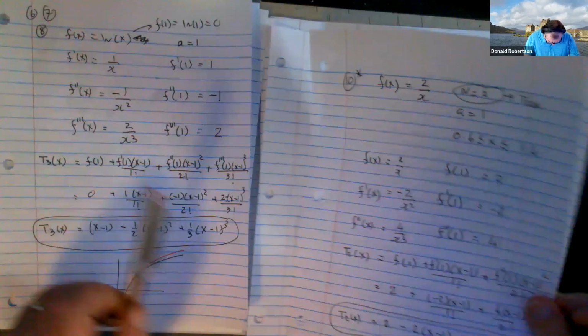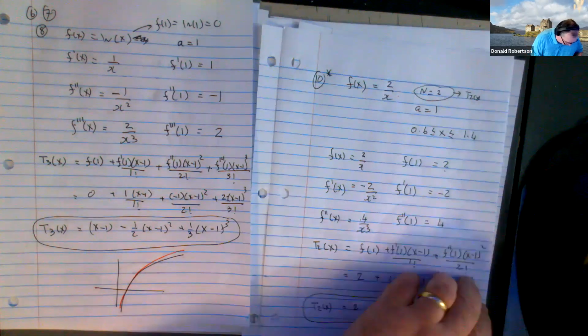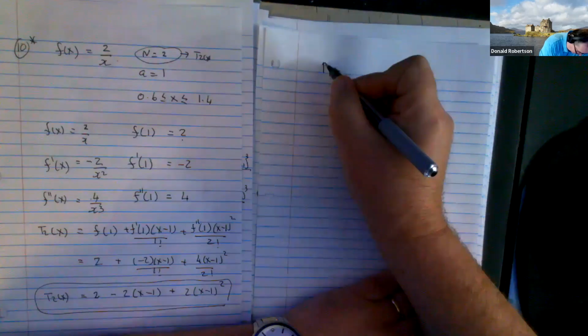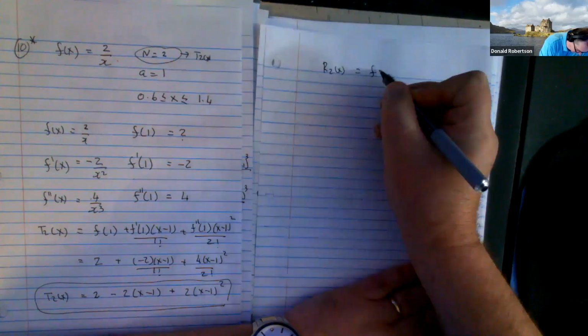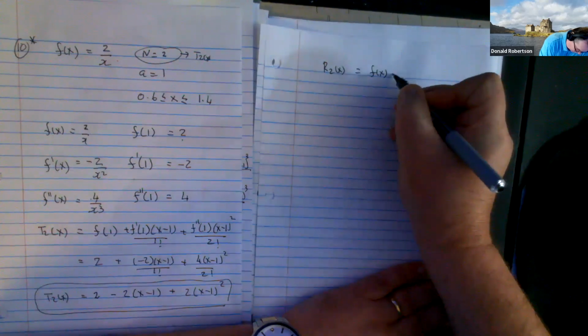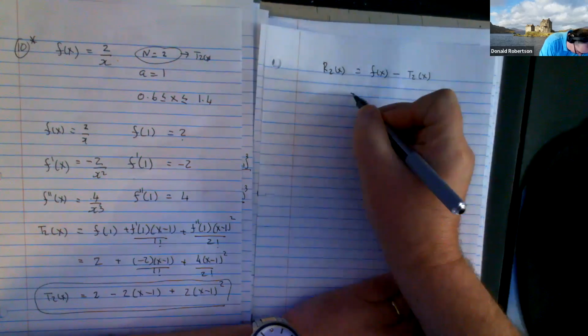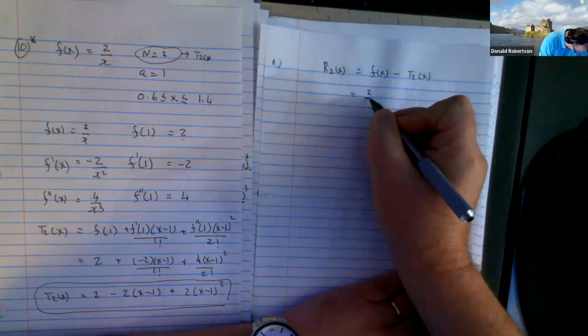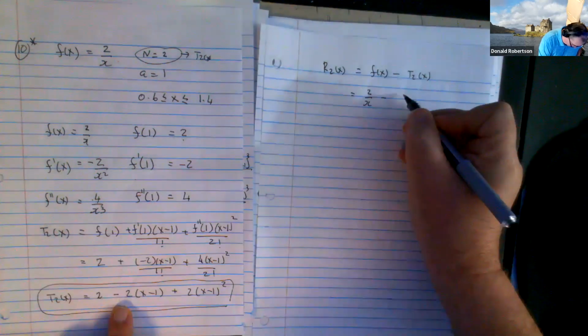So let's find the remainder function, R2 of x. R2 of x is f of x, take away T2 of x. In this case, 2 over x, take away all this.